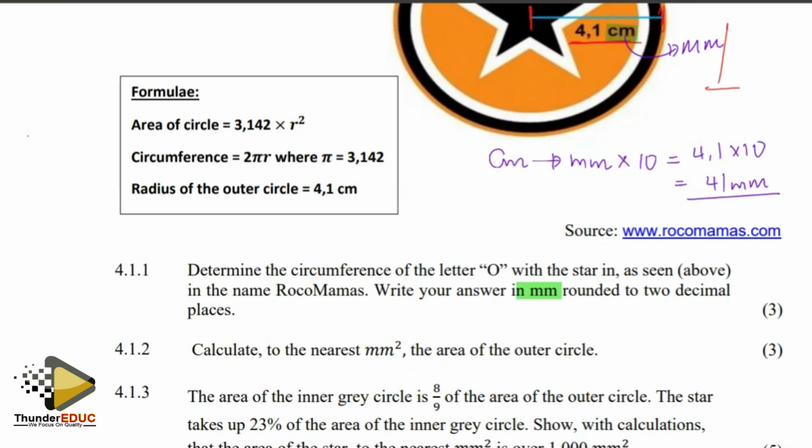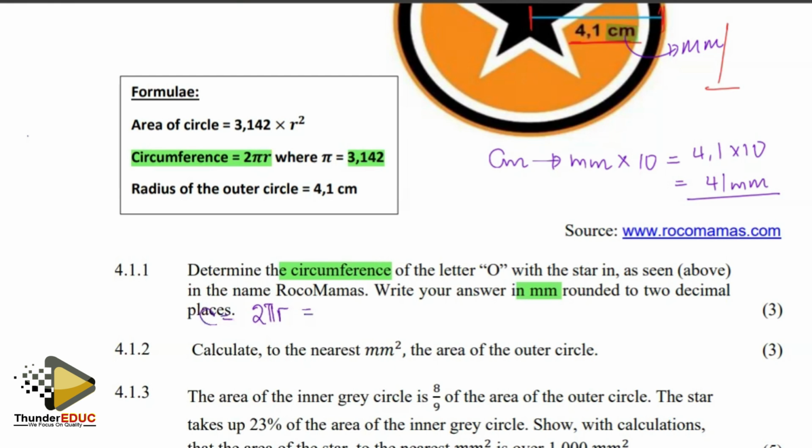Then come ahead and determine the circumference. The moment you hear circumference, you check on the formulas that you have. Do you have any circumference formula that is already given to you? Where pi stands for 3.142. What do you do as a wise learner? You call on the formula and you substitute part by part.